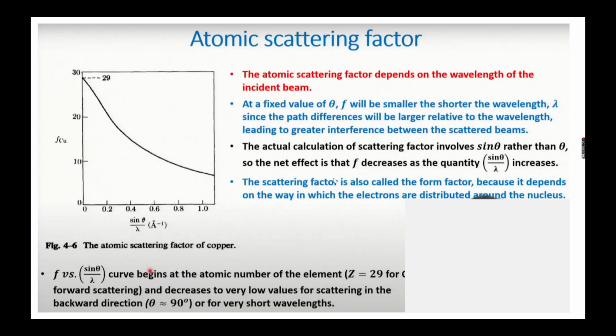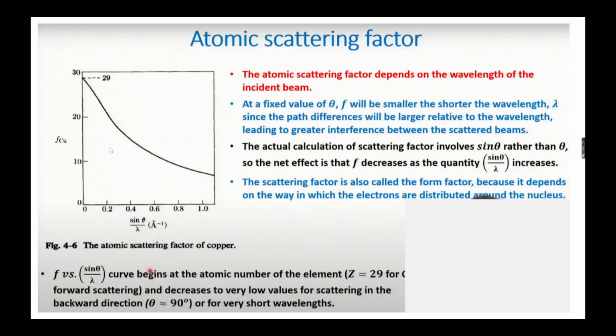Okay, so this atomic scattering factor will be smaller when you use a shorter wavelength, because the path difference will be larger relative to the wavelength when we use a short wavelength, leading to greater interference between the scattered beams. So there will be the sin theta by lambda quantity.